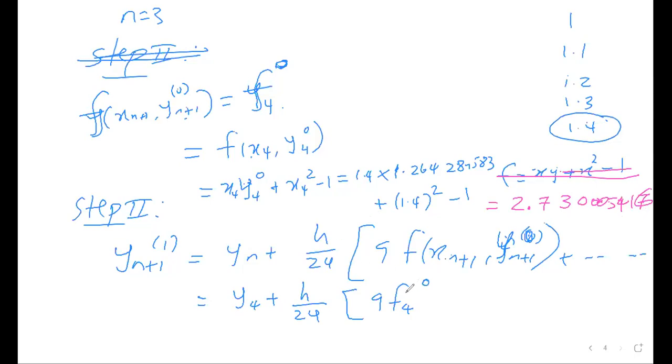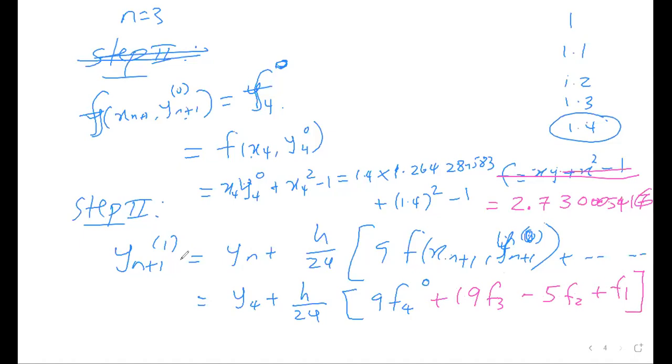All right. So we have found f40. What about these other values? 9 times f40, again 19, plus 19 f of 3. No, please check: 5 times f of 2 plus f1. So you have to keep it in mind.